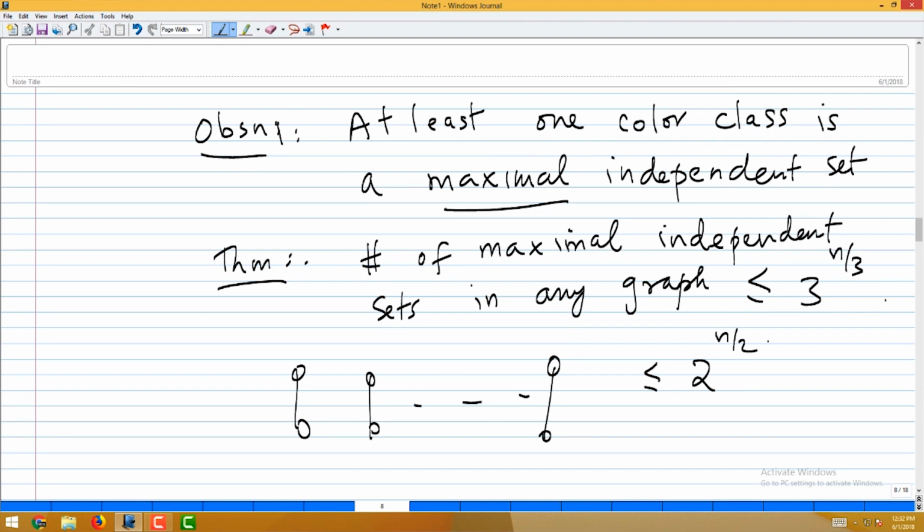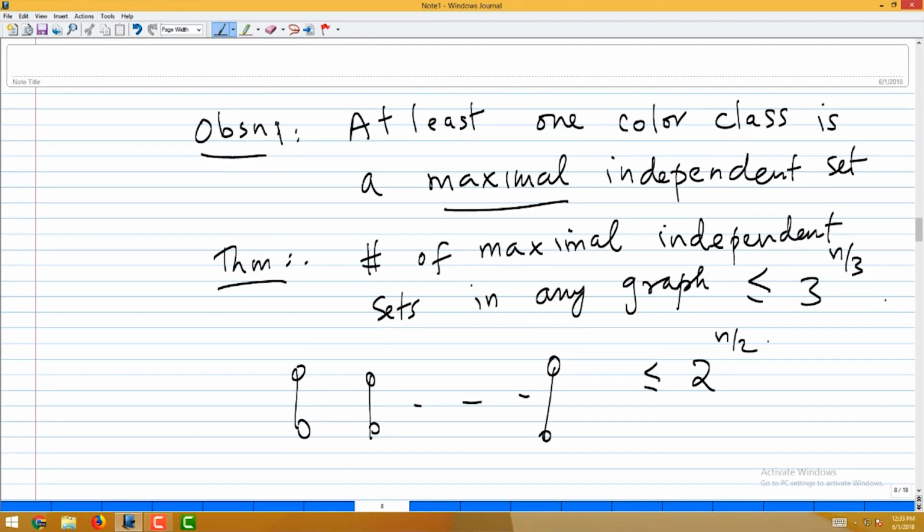What would be an example graph where the number of maximal independent sets is 3 power n by 3? This should give you a clue. If the whole graph is a collection of triangles, then the number of maximal independent sets is 3 power n by 3. And you can have 4-cliques, where the number of maximal independent sets would be 4 power n by 4, but that number is smaller than this. So, look at i power n by i, where it attains its maximum: it is when i equals 3.